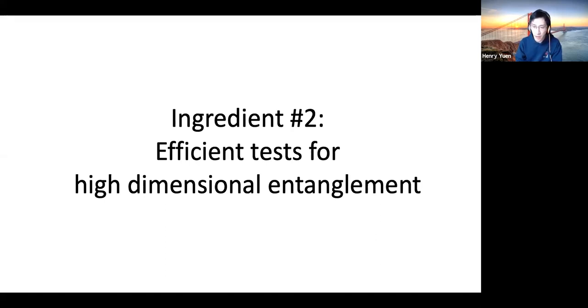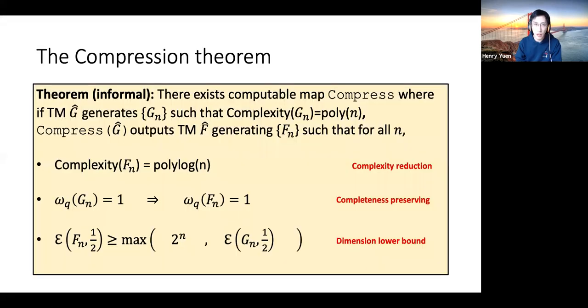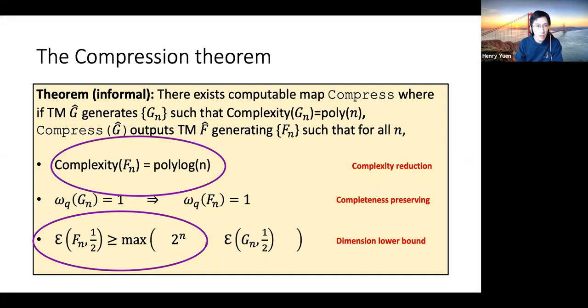Let me say some bits about these efficient tests. This is a large part of where the complexity reduction comes from. This is the compression theorem again, and these tests for entanglement. The interesting parts of this theorem are these two things I've circled in purple.